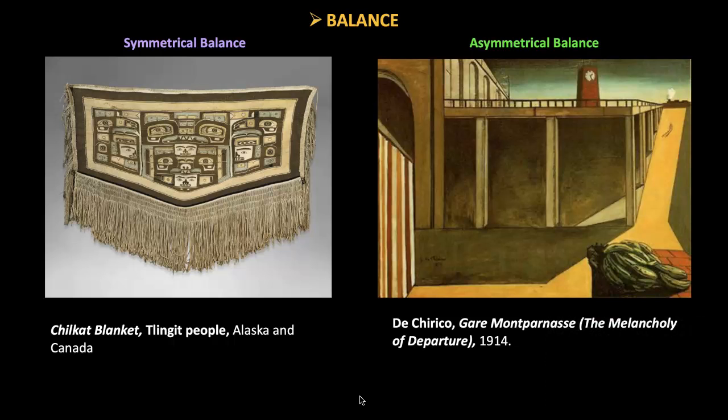So what we find with balance is that when elements in a composition, as seen with the Chilkat blanket made by the Chilkat people associated with the Tlingit people of Alaska and Canada in the northwest part of North America, you have an example of elements that are evenly distributed in a way that there is symmetry.